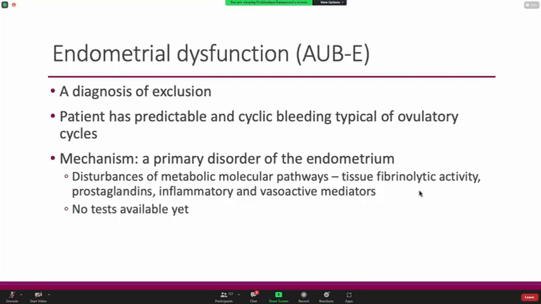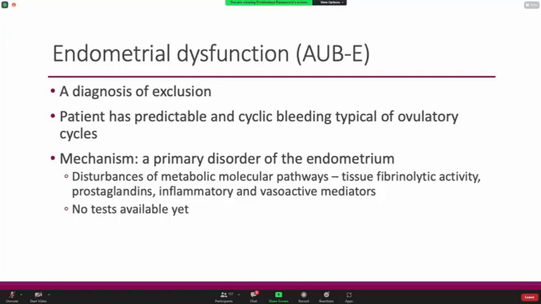We think there's a problem with fibrinolysis, or there can be a problem with prostaglandins, inflammation, or whatever. We don't know exactly. So sadly, we don't have a test yet to see whether that person is having it. When we check everything else and find everything else to be normal, we think, okay, it may be endometrial dysfunction.